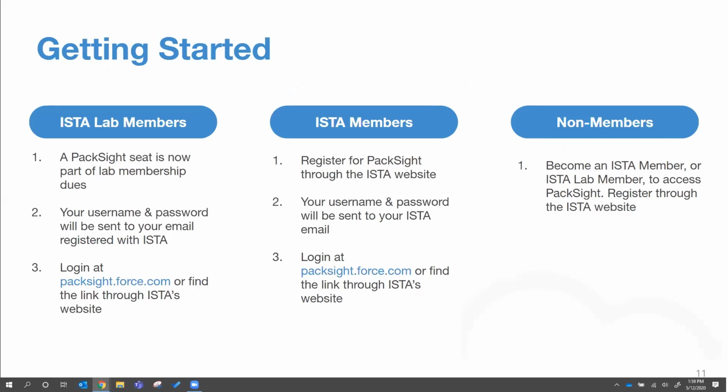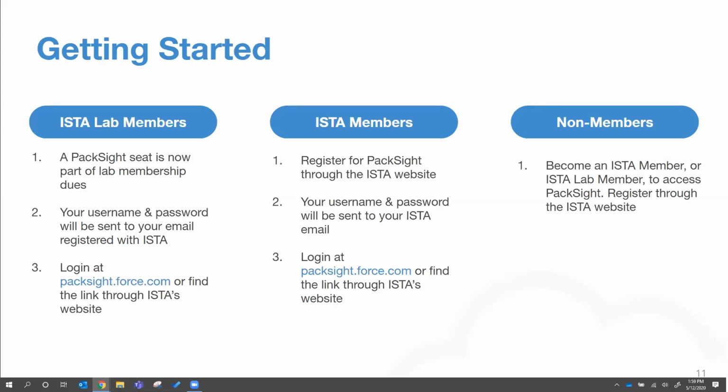Getting started with PackSight involves ISTA lab members having included in their membership dues 1 seat license to PackSight, so you can get in there right now and get going on it. If you need that seat license changed to someone else, you can make that request through the support tool.